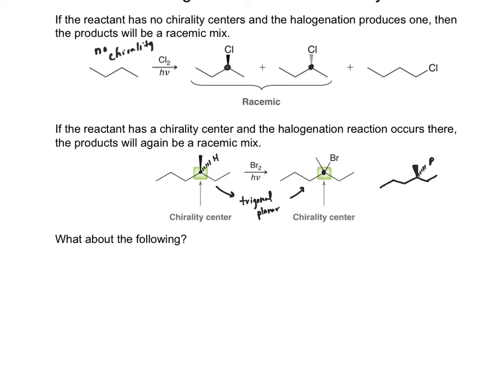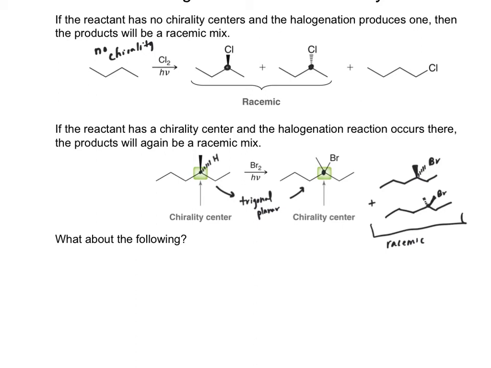So if there was a chirality center, and then we have bromine, essentially the product distribution is going to be 50% R and 50% S. We will also make a racemic mixture out of it.